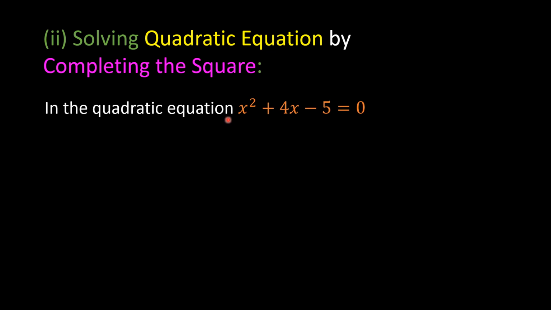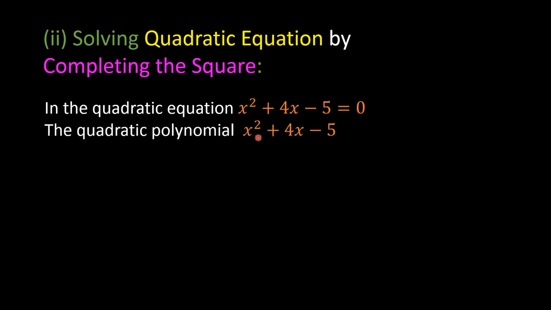For example, in the quadratic equation x squared plus 4x minus 5 equals 0, the quadratic polynomial x squared plus 4x minus 5 is not a perfect square because here the first term is a perfect square but the third term is not a perfect square.